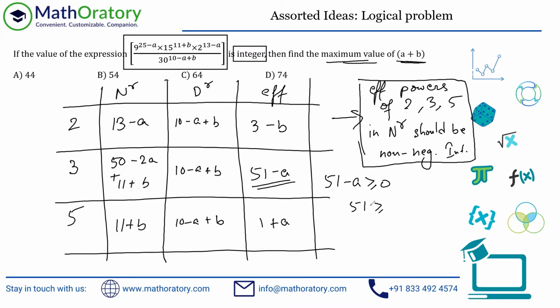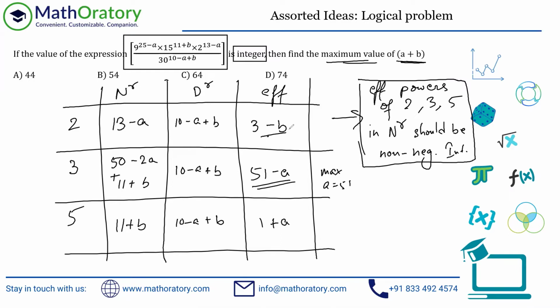Just using common sense as well, if 51 minus a has to be a non-negative integer, I cannot take a more than 51 any which way. 51, 50, 49, 48, all of these are acceptable, but I cannot take 52, for example. If I put 52 here, this becomes negative. So I'm naturally getting a maximum value. This tells me the maximum value of a is 51.